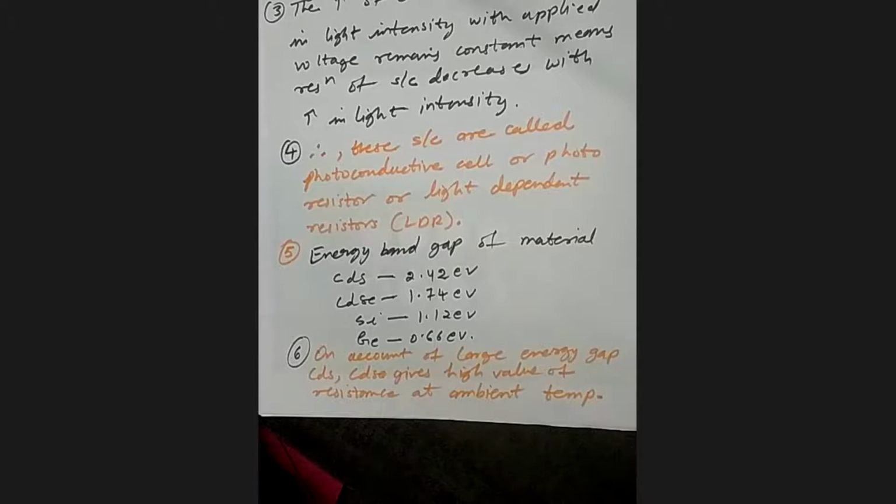So photoconductive cells are made by sintering the required powder of cadmium sulfide or cadmium selenide into tablets of required shape and enclosing them in a protective envelope of glass or plastic.